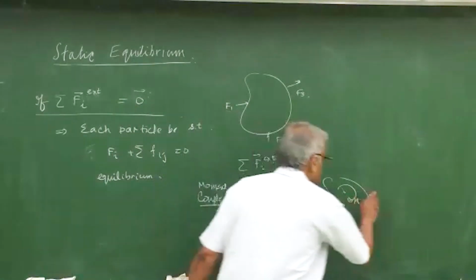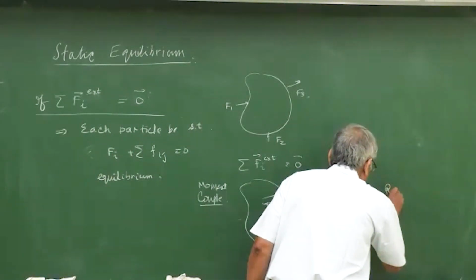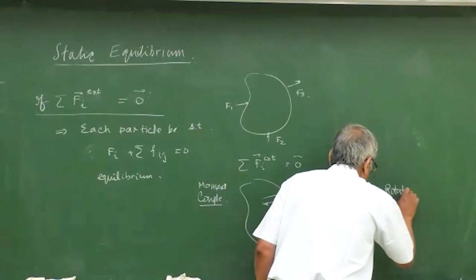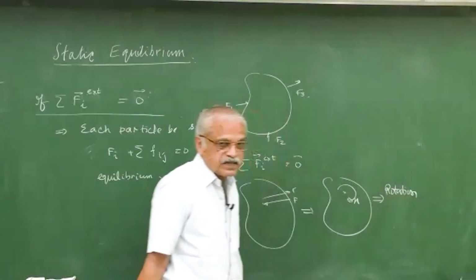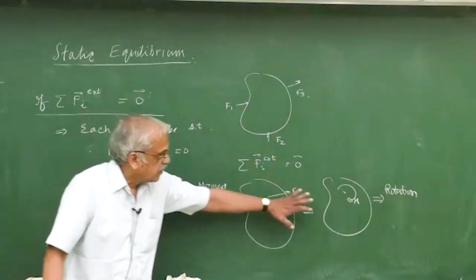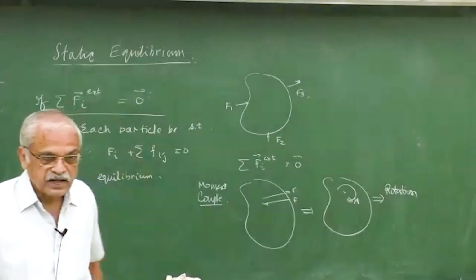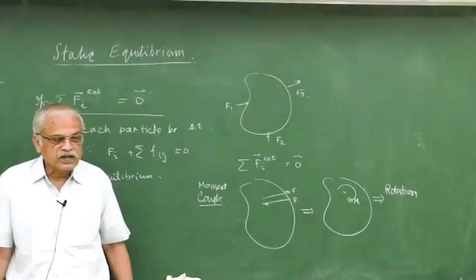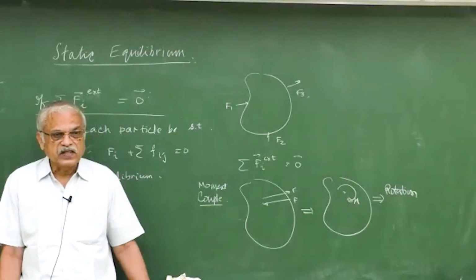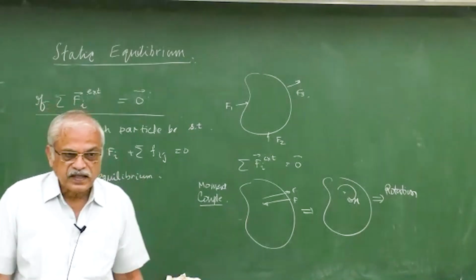So this leads to rotation. We haven't stopped the body from rotating. How do we do this? What additional equations do we need so that we can stop the rotation?